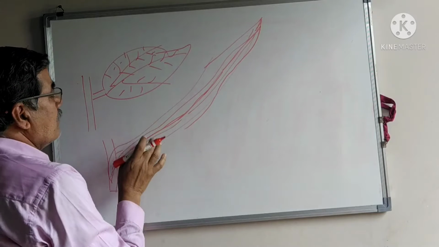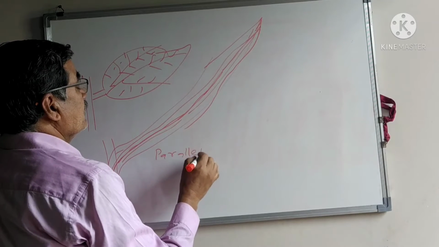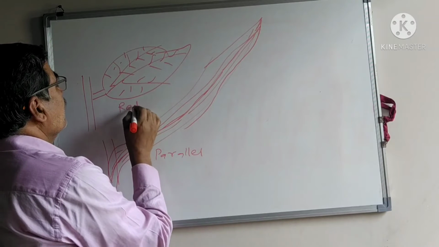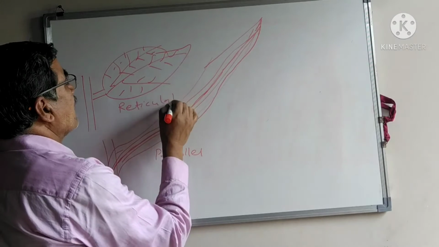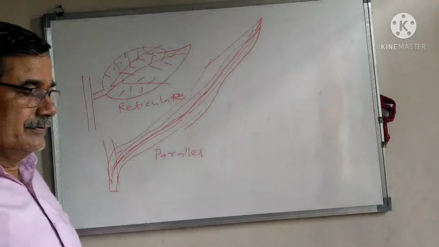Here, parallel venation is present in the monocotyledon leaves and reticulate venation pattern is present in the dicotyledon leaves.